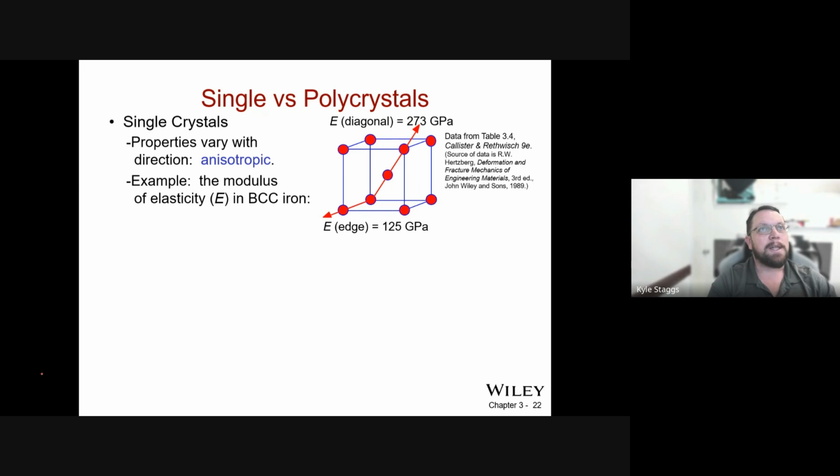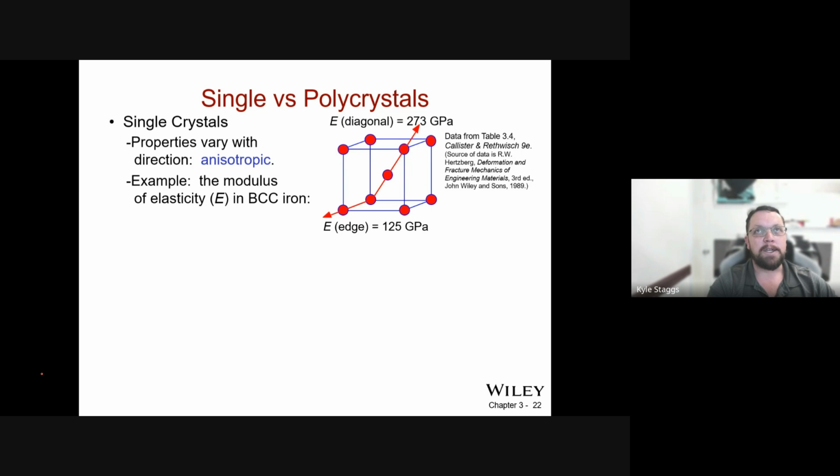So the modulus of elasticity for body-centered cubic iron is what's shown here. On the diagonal, because of where the grain boundaries are and because of how those bonds work between the atoms, if you're trying to pull it along the diagonal across multiple grains, you have a diagonal modulus of elasticity of 273 gigapascals.